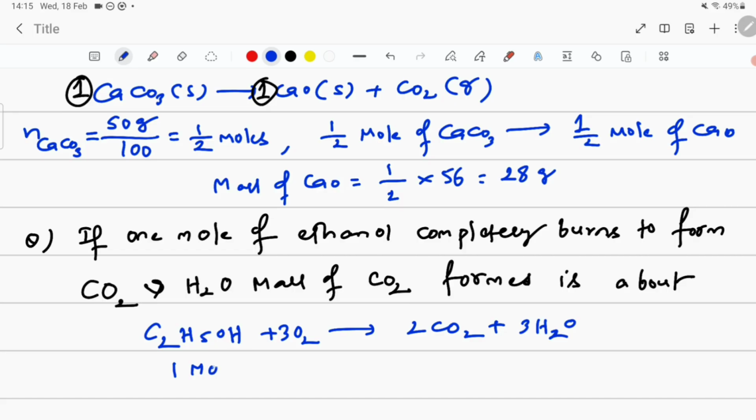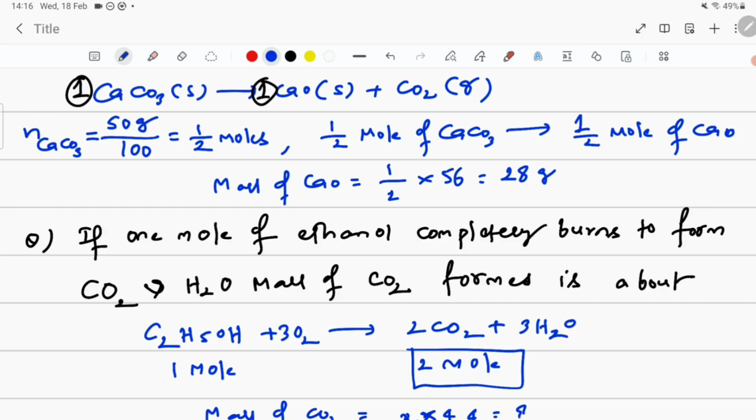So 1 mole of ethanol will give 2 moles of carbon dioxide, according to the reaction. They asked only about 1 mole of ethanol, and we need to find the carbon dioxide formed. So 2 moles of CO2 are obtained, and the mass of CO2 is equal to 2 into the molecular weight of CO2, that is 44, which is 88 grams.